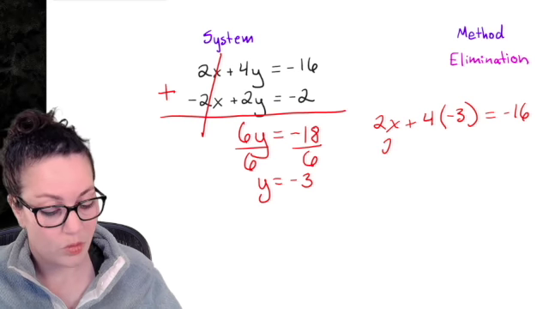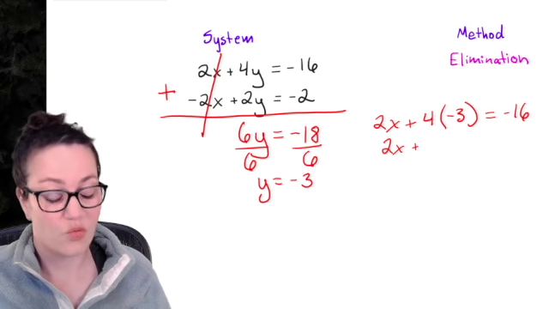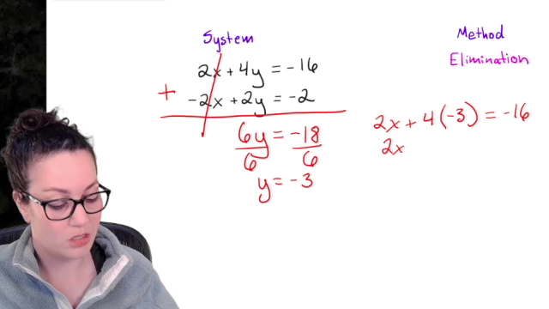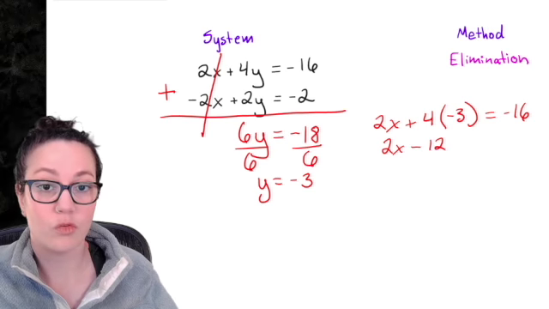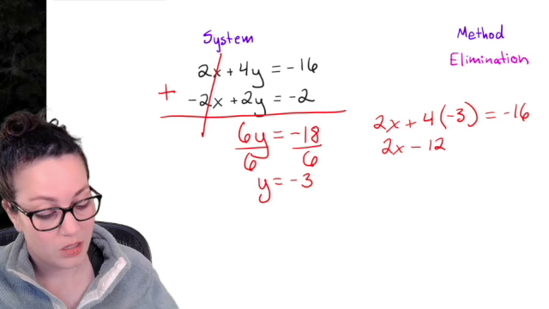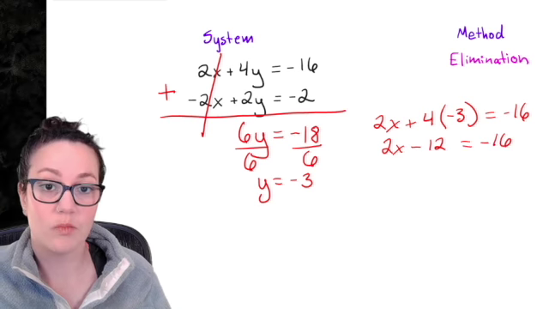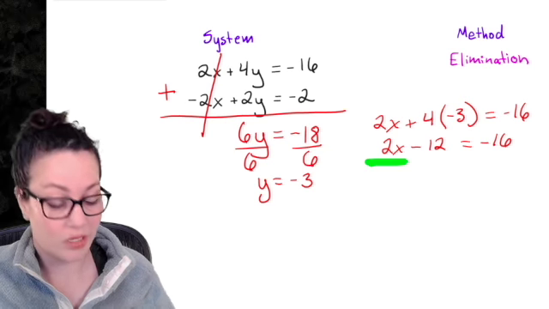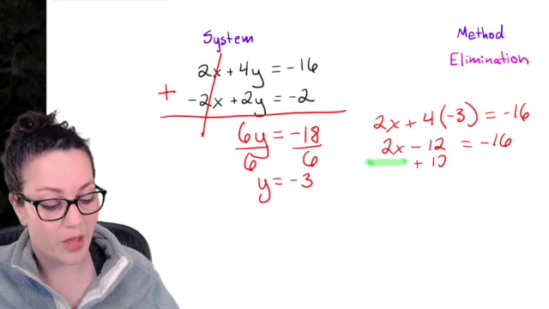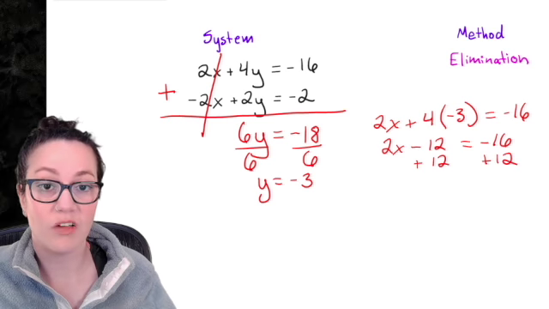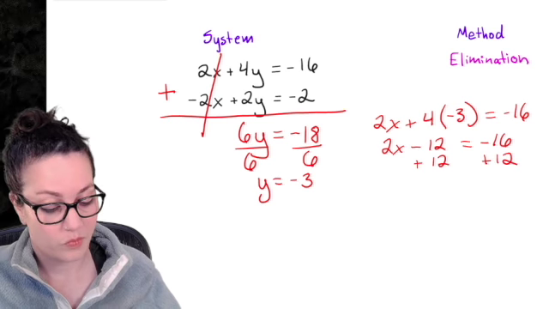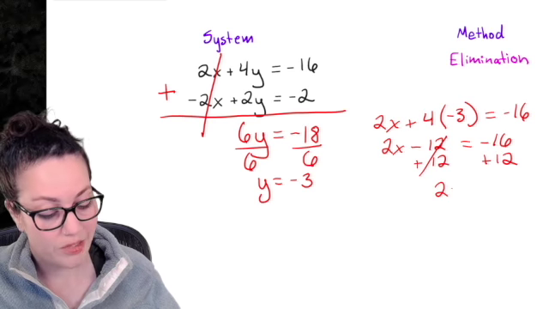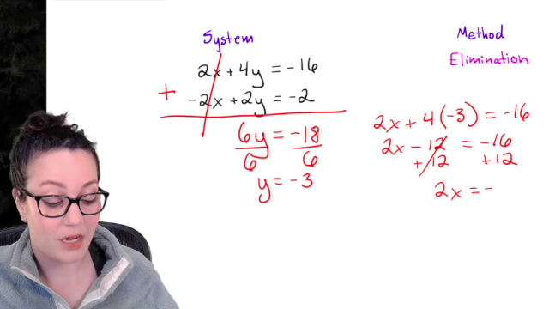So 2x plus 4 times negative 3 is negative 12, so I'm actually going to change this to a minus sign. So 2x minus 12 is equal to negative 16. I'll isolate my term with x, which is this 2x, by adding 12 to both sides of my equation. The opposites eliminate each other, and I get 2x equals negative 4.